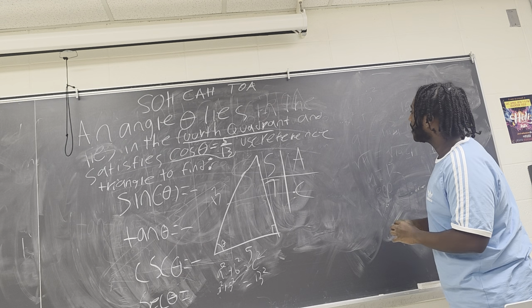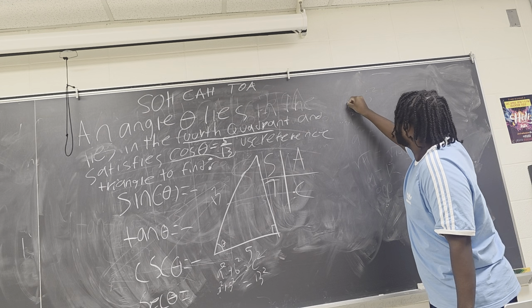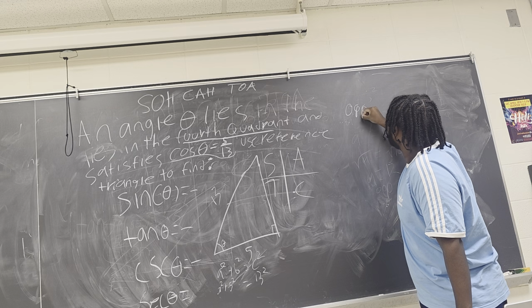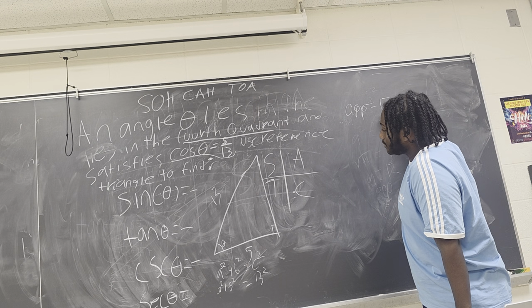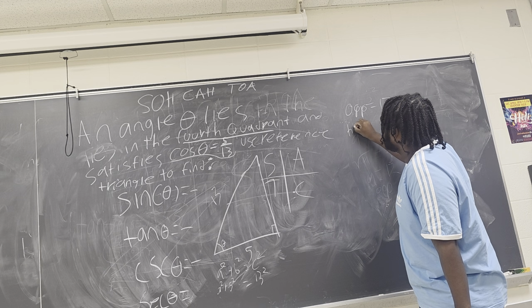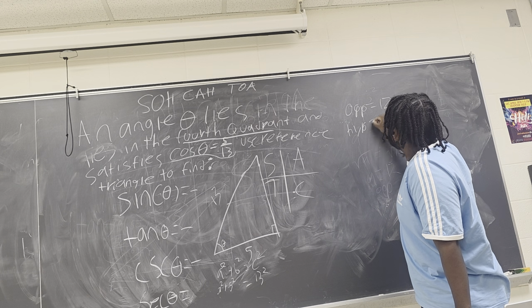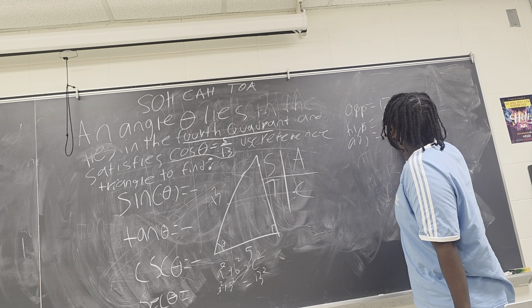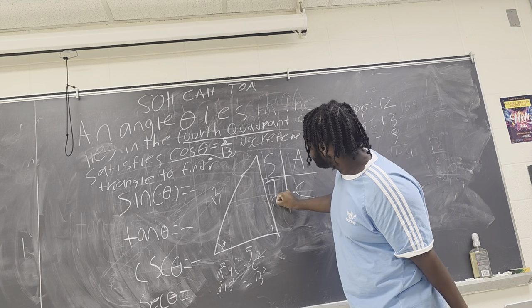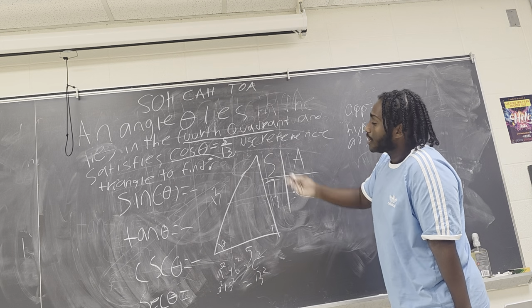Now we have opposite equals 12, hypotenuse equals 13, and adjacent equals 5. And you can put a 13 here to finish off your reference triangle.